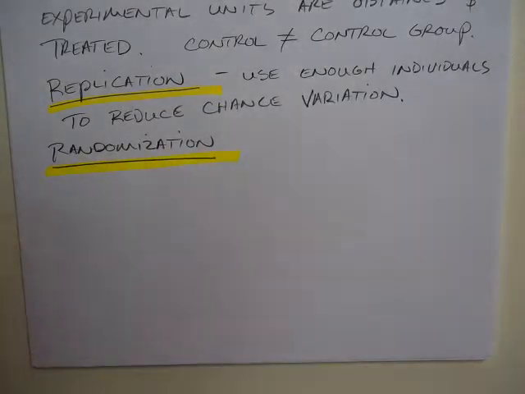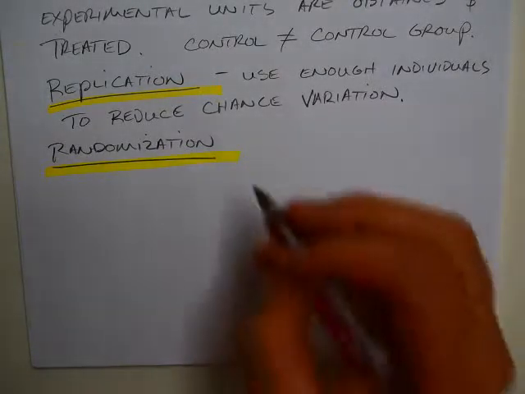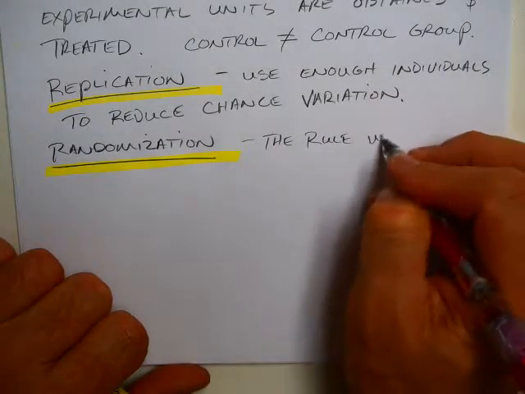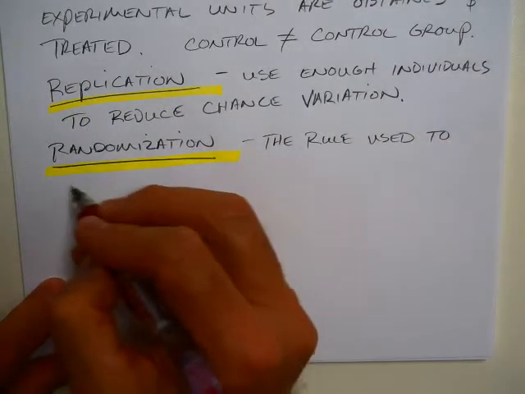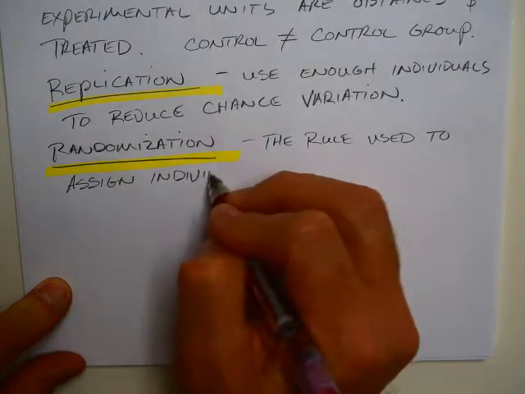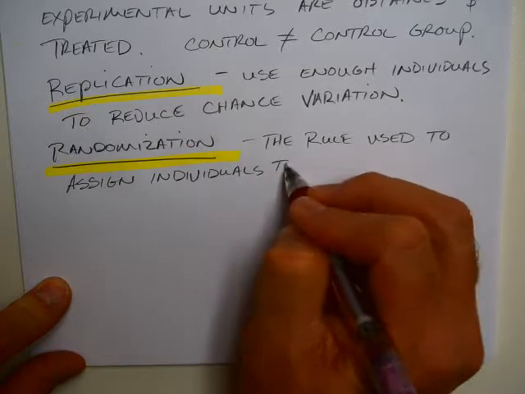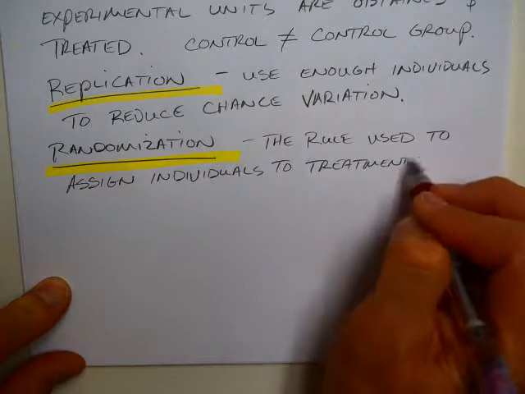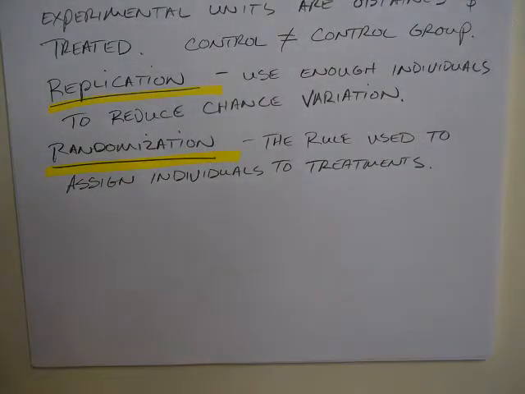And the last one is randomization. Randomization is simply the rule used to assign individuals to treatments. This one's an important one.